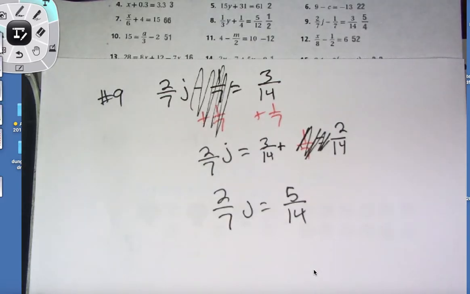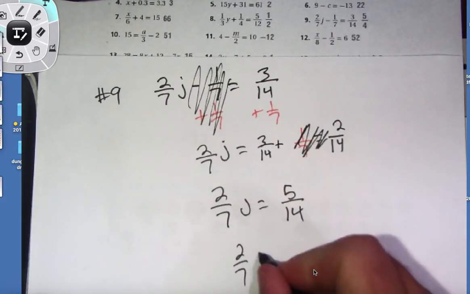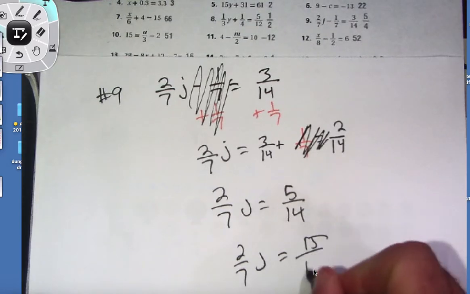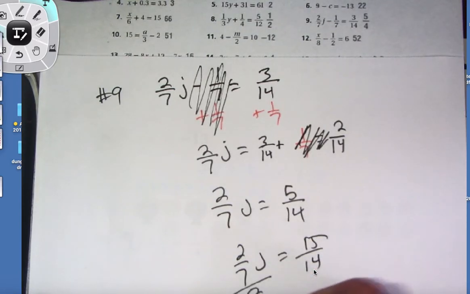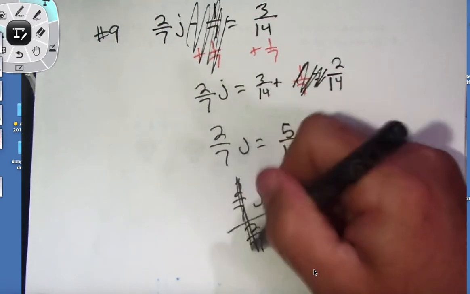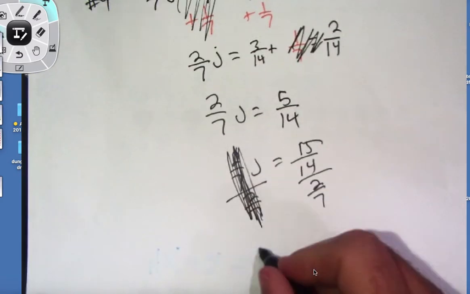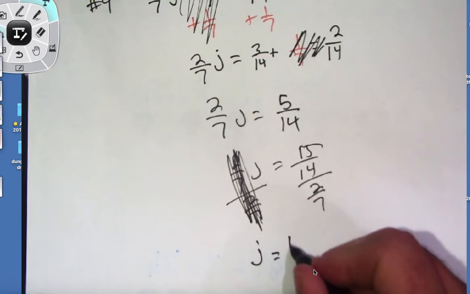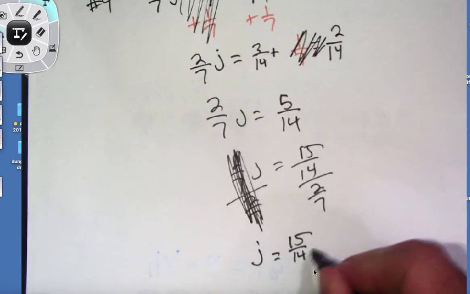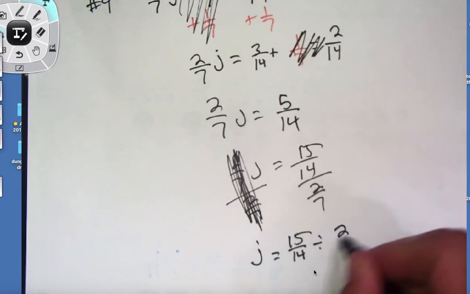And now we are going to divide by the coefficient of j, because that's how you undo times. So this gets 1. So j equals 5/14 divided by 2/7.